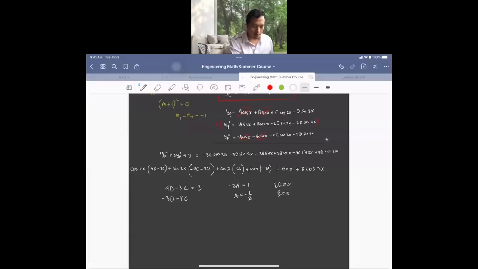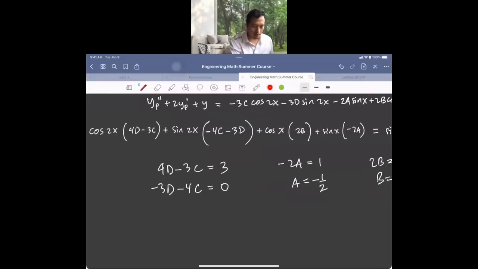And what else? Oh, negative 3d minus 4c is 0. I think we can solve this by multiplying by 4 and multiplying by 3.